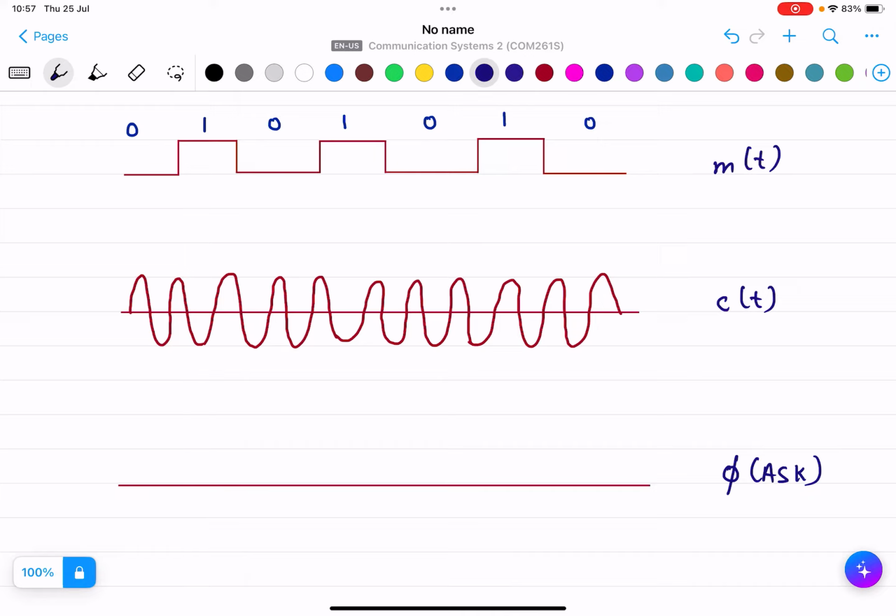When it is 1, that means the signal will be passed, that means it is on condition. So let us say I can make something like this.